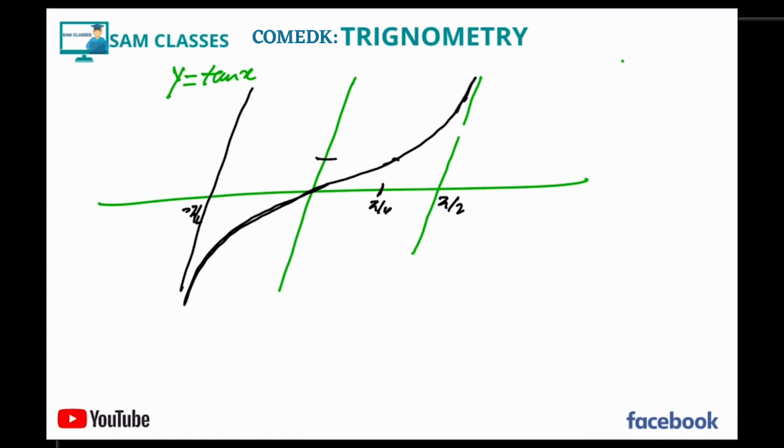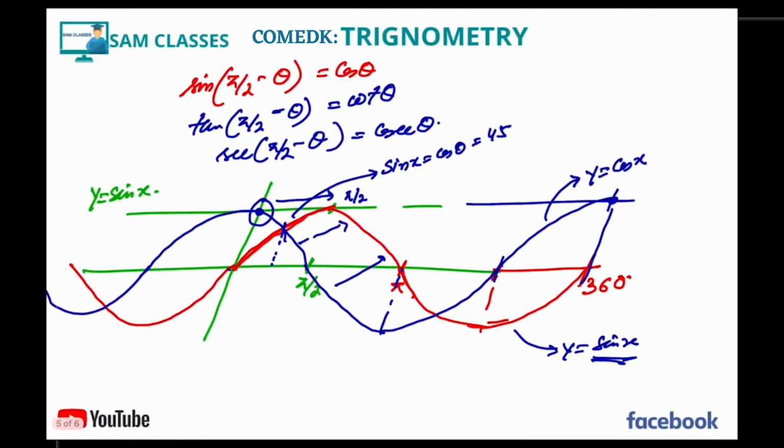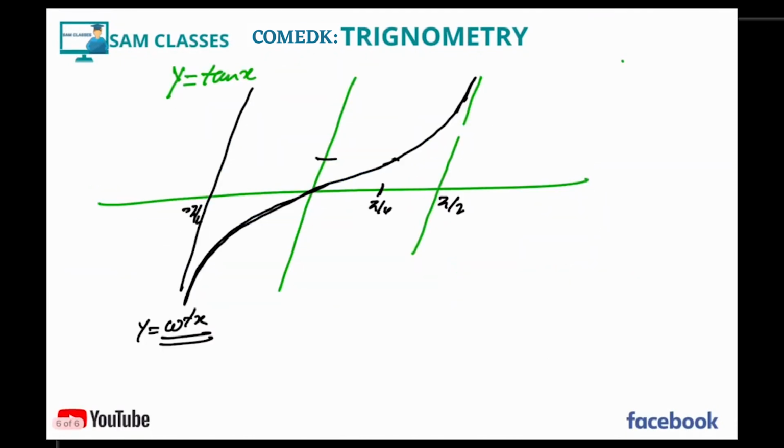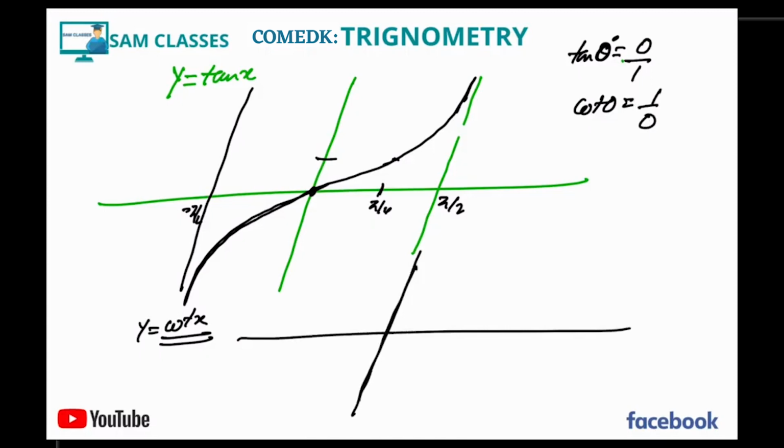Clear? Now what about cot x? Cot x is also similar. So cot x is the opposite of tan. So when is tan 0? At 0 degree. So tan 0 degree is 0 by 1. So cot 0 degree is 1 by 0. So it is not defined here. So if we try to draw at 0 degree, it goes to infinity.